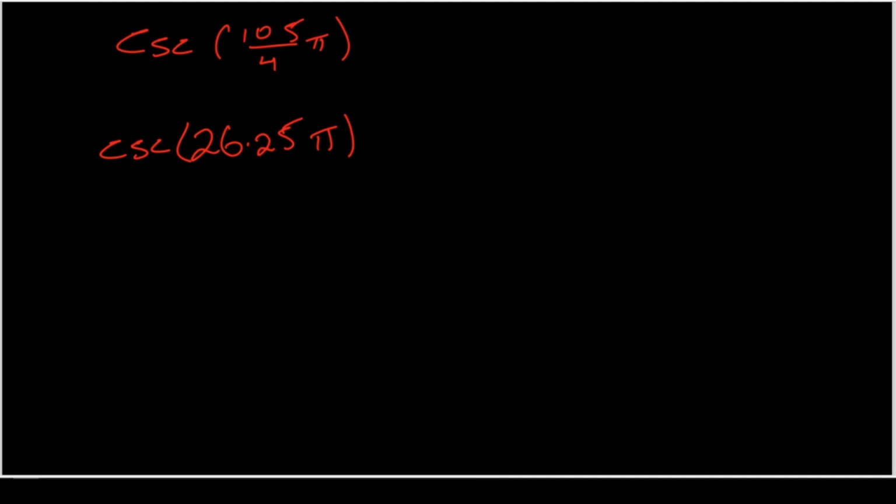Now I have 26.25 as my number. What is a multiple of 2 and close to 26.25? You guessed it right, it's 26 pi. So subtracting 26 from 26.25, I get 0.25 pi.